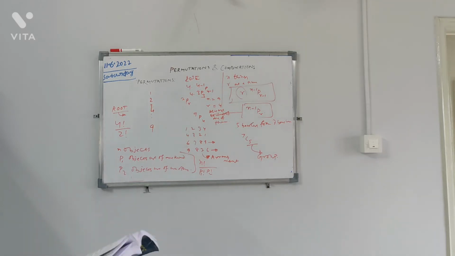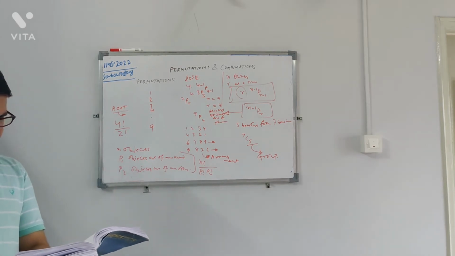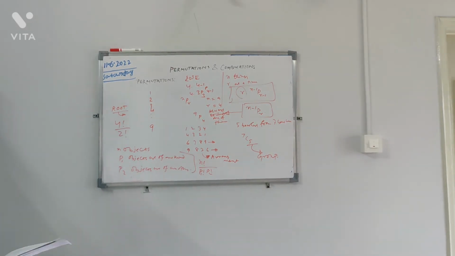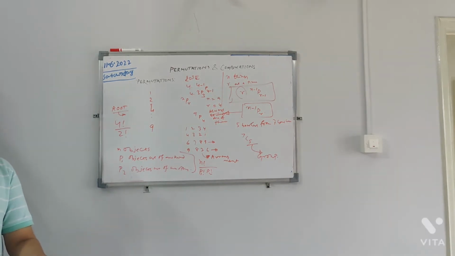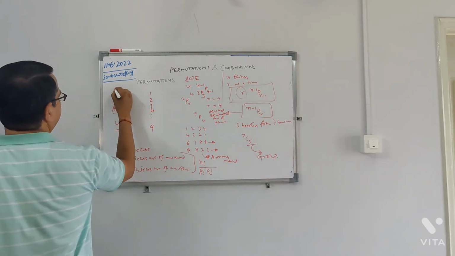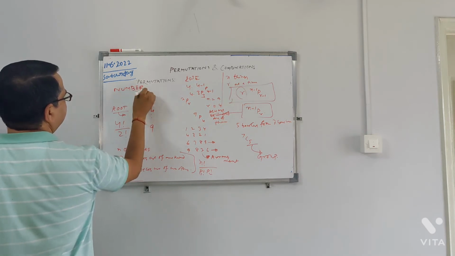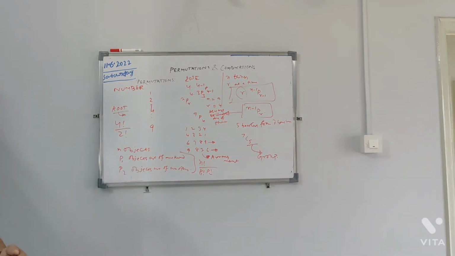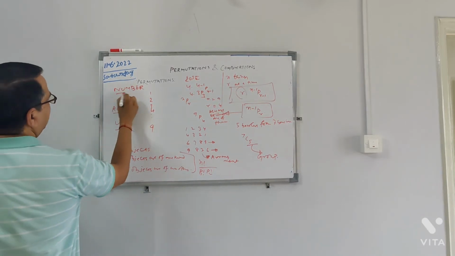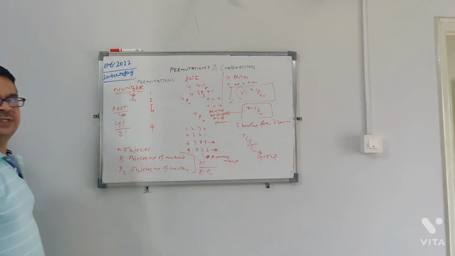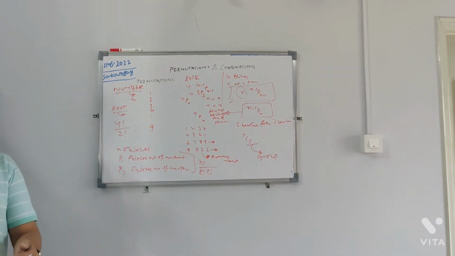So what does it mean? Suppose you have a word called number. Here you have 6 letters.